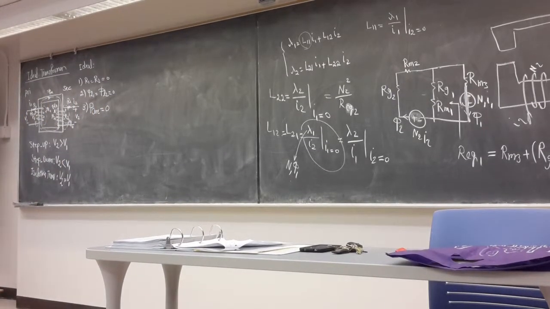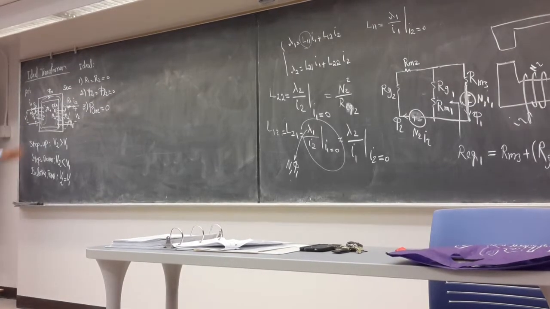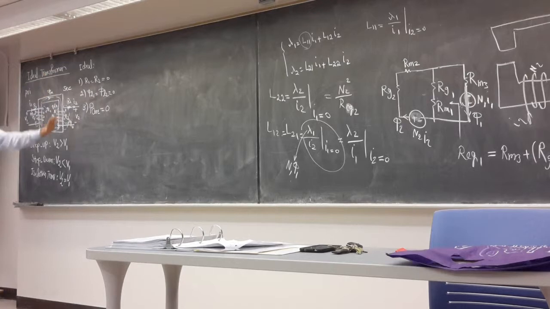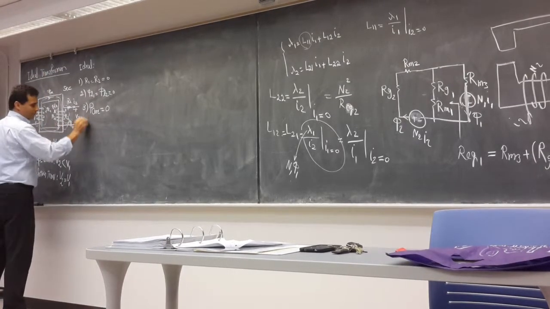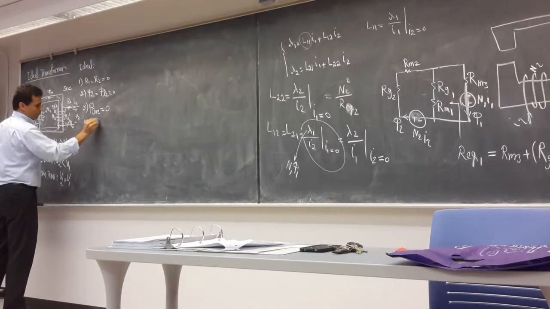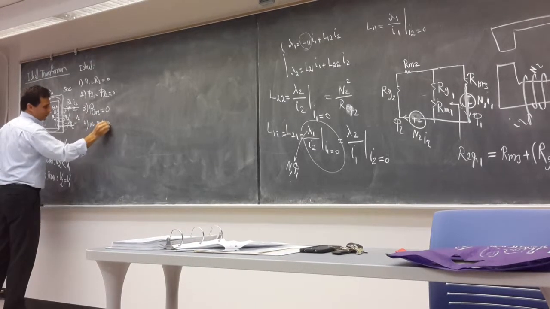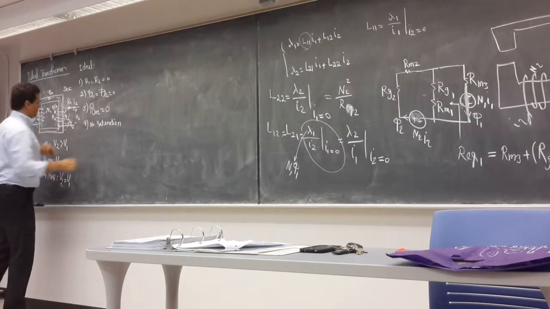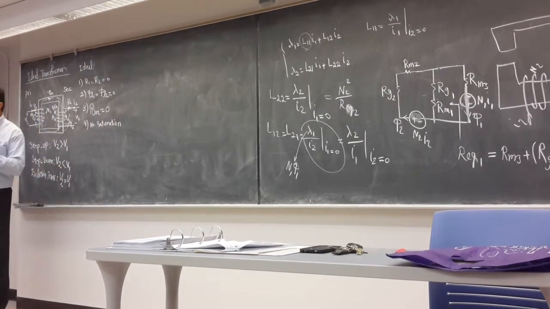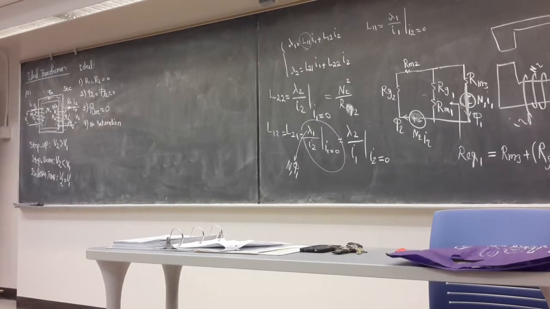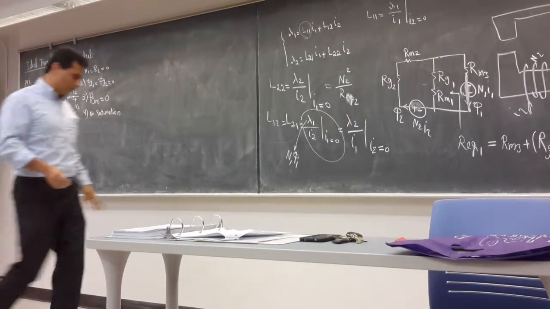There is no power loss inside the core. That's the third one. And the fourth one, I'm not sure if I should mention it or not: the core is linear, with no saturation. Saturation means the BH curve going into the bending part. It's always going to be linear. So these are the assumptions when we say ideal transformer.